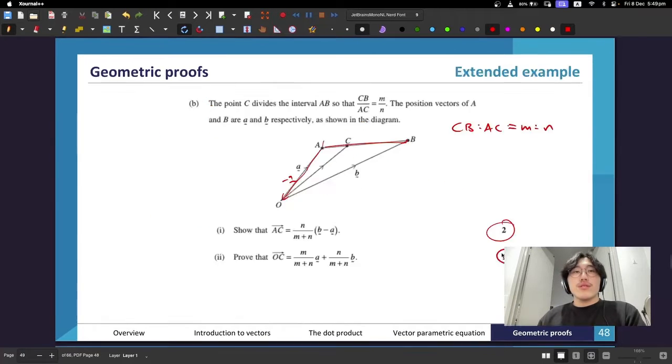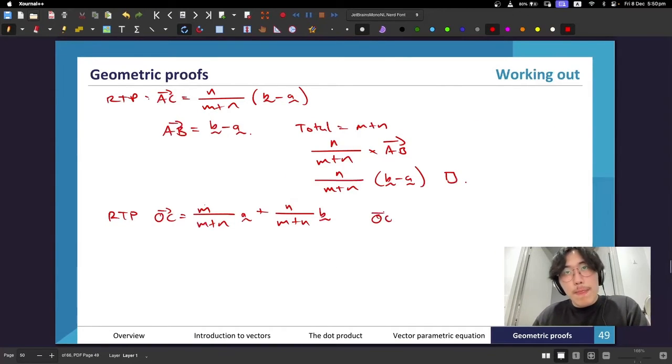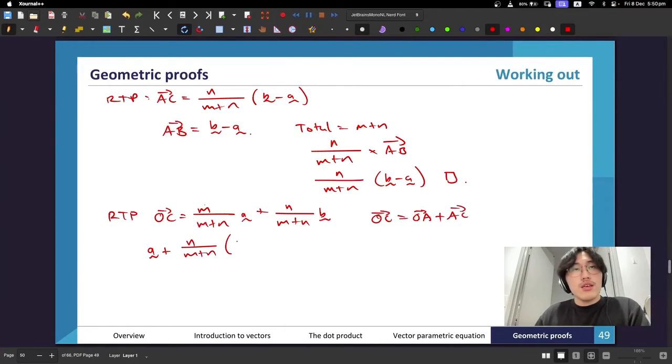So OC will be OA plus AC. OA is obviously a, so it's going to be a plus n on m plus n (b minus a).